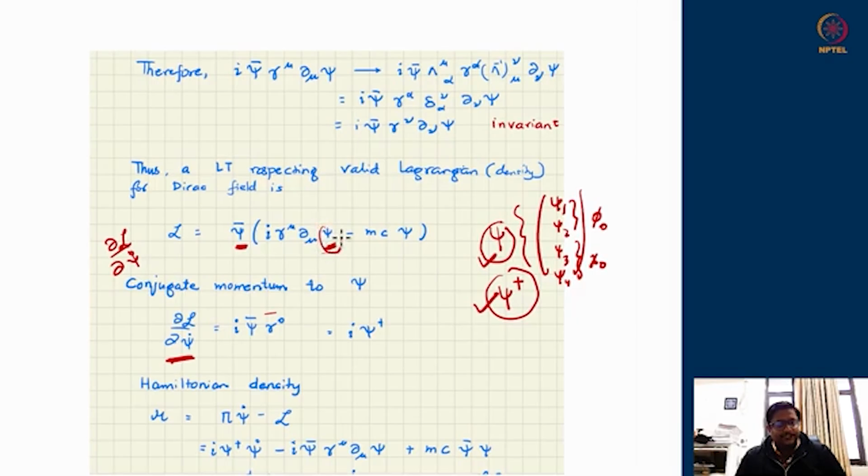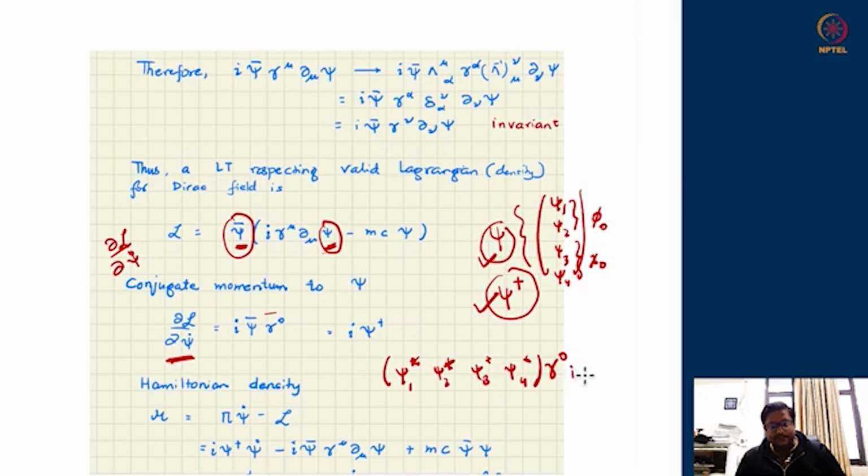So this psi and this psi bar together will generate numbers. Psi bar will be psi1 dagger, psi2 dagger; this will become star after taking dagger, and a row will become a column, a column will become a row rather. So psi1 star, psi2 star, psi3 star, psi4 star, and then there will be a gamma 0, which under dagger gets back to itself, and then iota times gamma mu derivatives of psi.